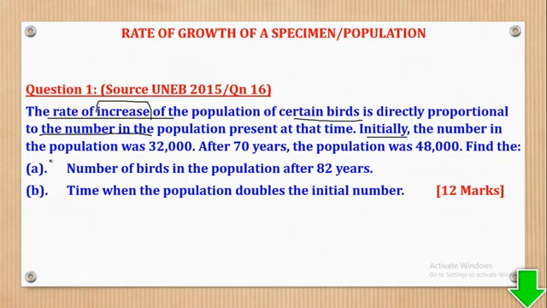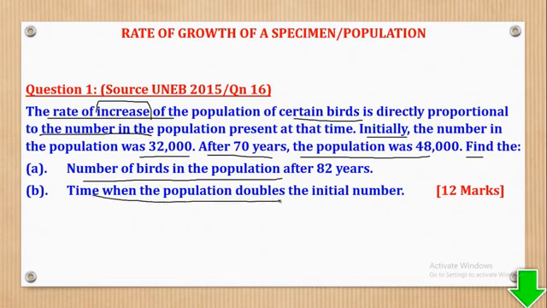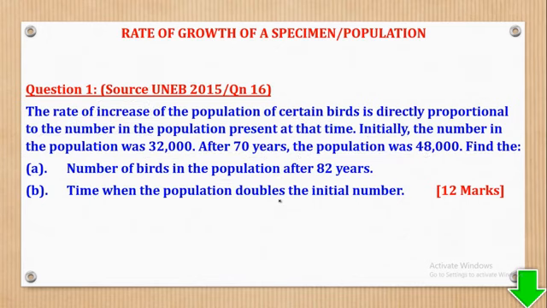Initially, the number in the population was 32,000. After 70 years, the population was 48,000. Find Roman 1, the number of birds in the population after 82 years, and part B, the time when the population doubles the initial number.